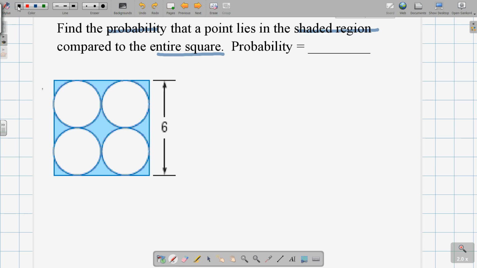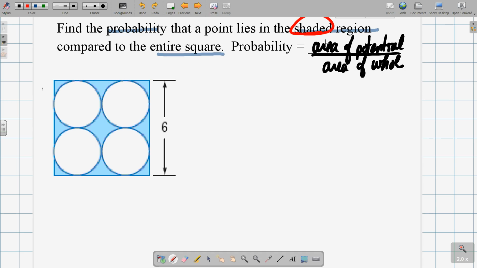Now, remember, probability is going to be area of potential over area of whole. Our area of potential is the shaded region, and our area of whole is the entire square.